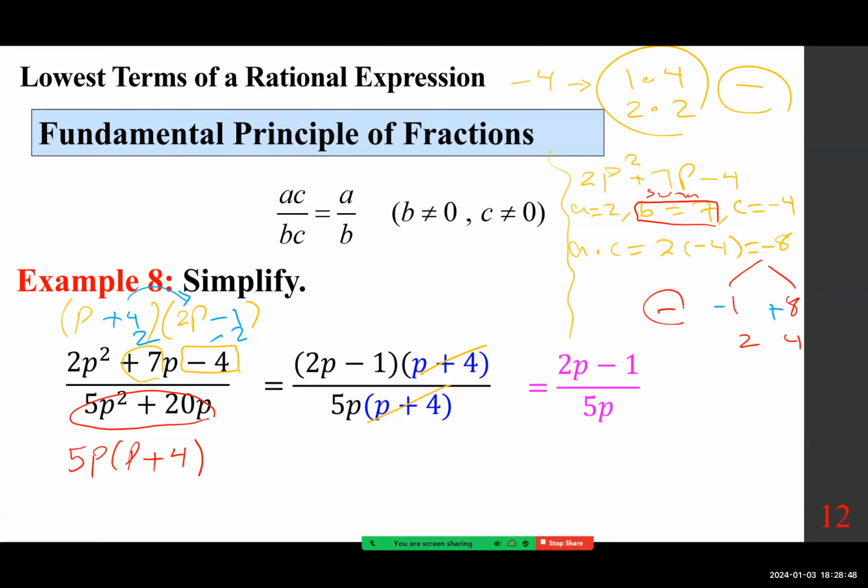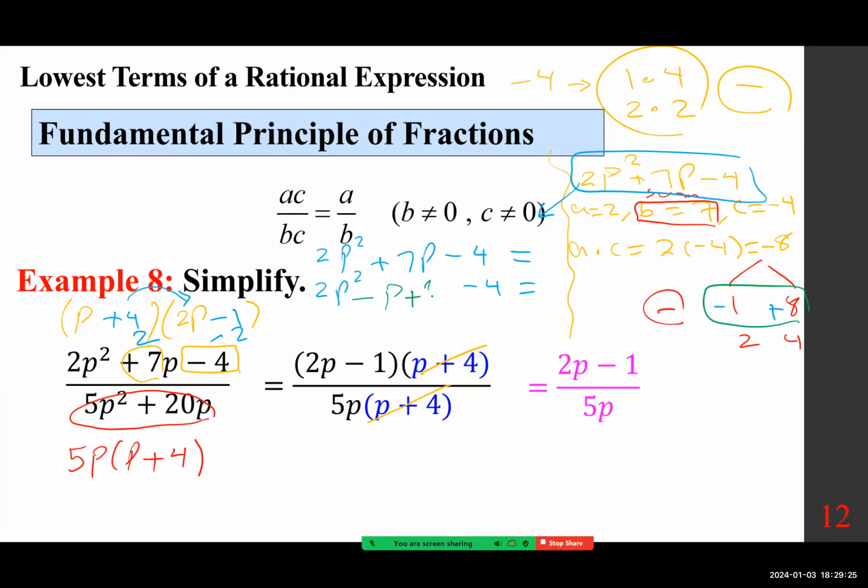So what happens is this expression is written as 2p squared plus 7p minus 4 equals, let me just write the 2p squared and then minus 4 here. And now we pick those numbers, minus p plus 8p.